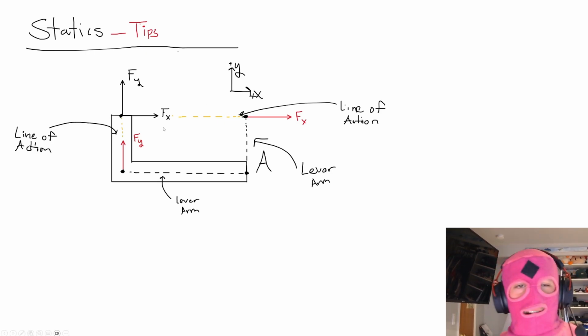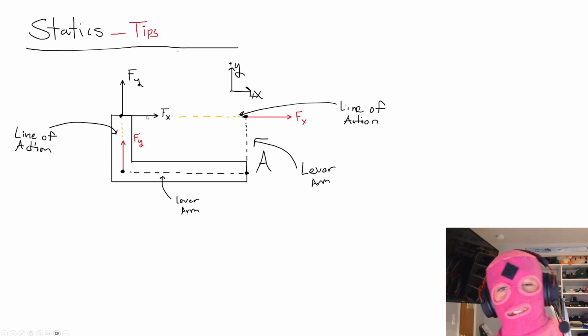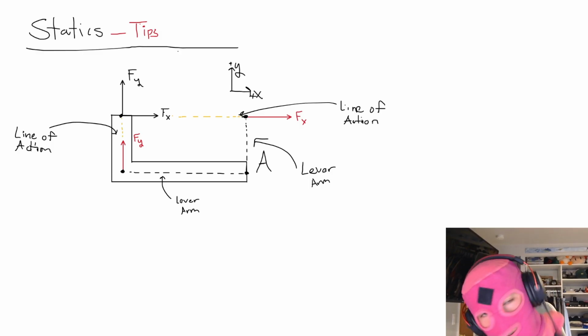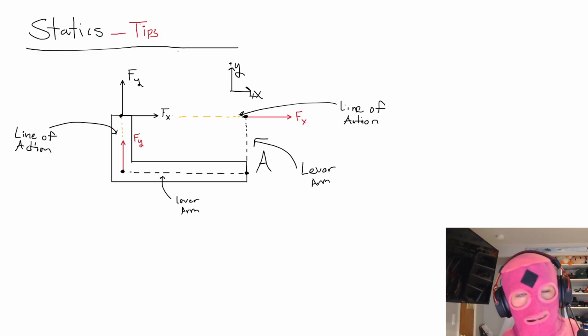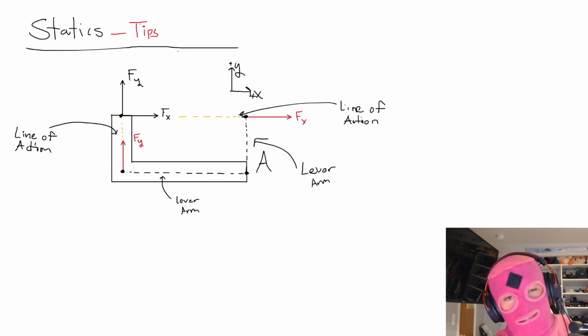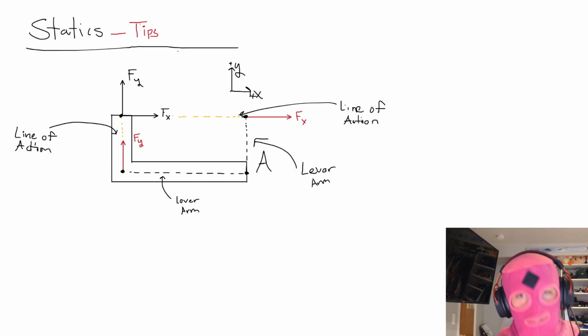So if I wanted to, I could take this Fx, drag it all the way over to the right. For moments specifically, this is really useful because it makes it easier to visualize what that force is actually causing at that point. So at A specifically, I can drag Fy straight down, and my new lever arm that's easy to see is that bottom piece. Same with the Fx.